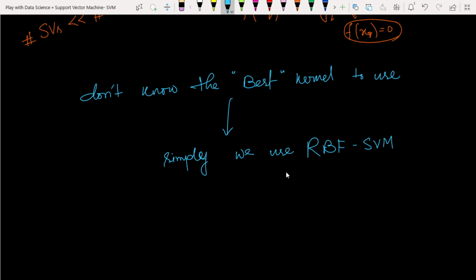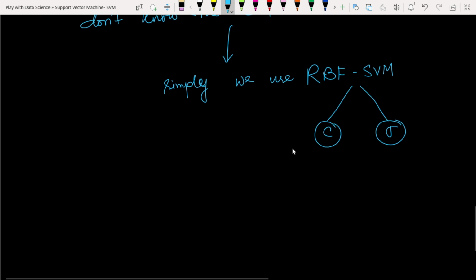And we saw that in RBF SVM we have to train two parameters. C is for the soft margin and sigma is for RBF. If we use the RBF kernel, we have to tune these two parameters, and we already know how to tune them.